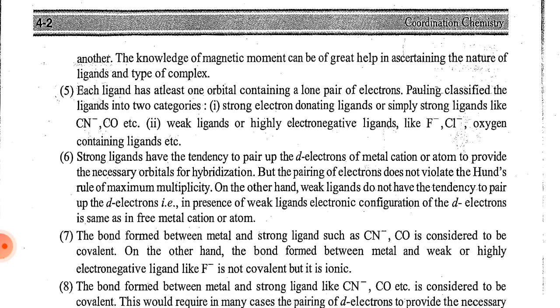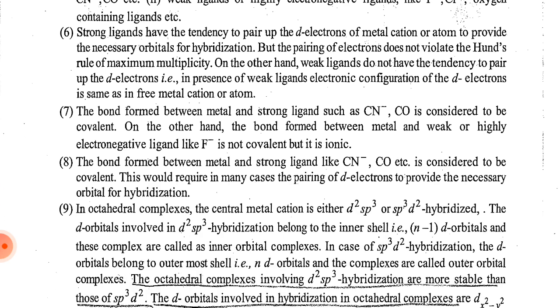Each ligand has at least one orbital containing a lone pair of electrons. Pauling classified the ligands into two categories. One, strong electron-donating ligands, or simply strong ligands, like CN- and CO. Two, weak ligands, or highly electronegative ligands, like fluoride, chloride, oxygen-containing ligands, etc. Sixth, strong ligands have a tendency to pair up the d electrons of the metal cation or atom to provide the necessary orbitals for hybridization, but the pairing of electrons does not violate Hund's rule of maximum multiplicity.